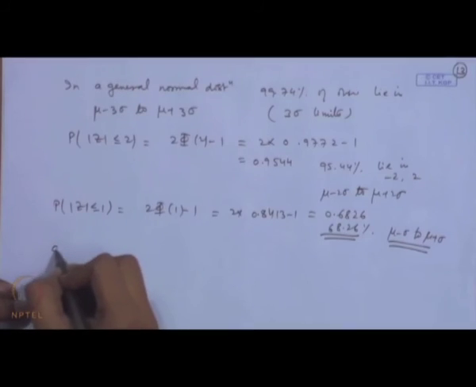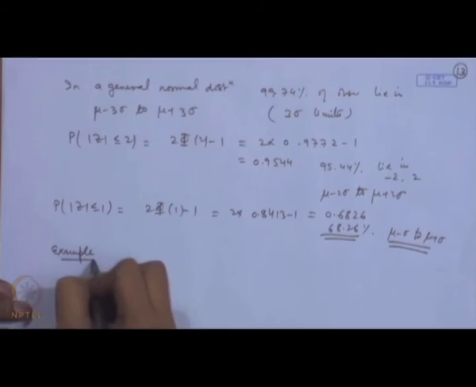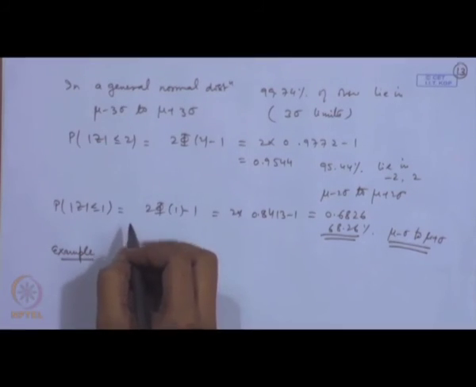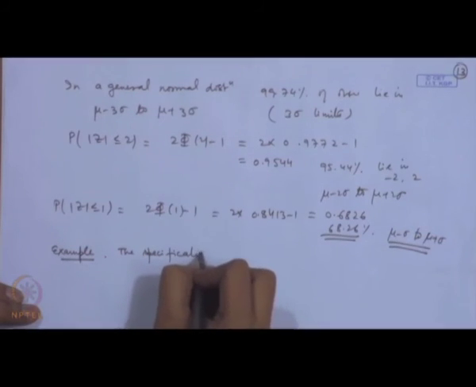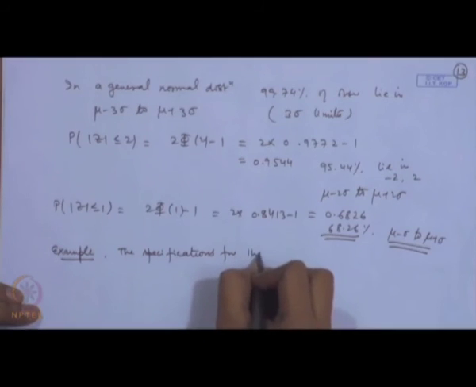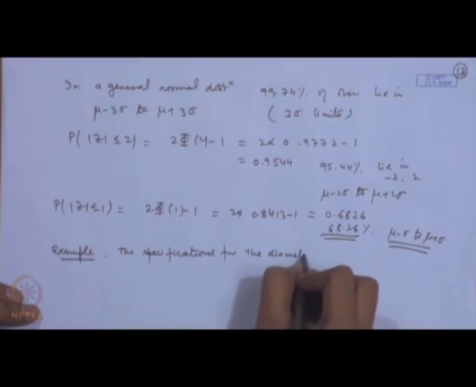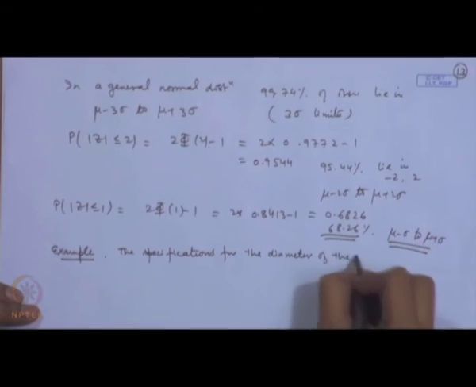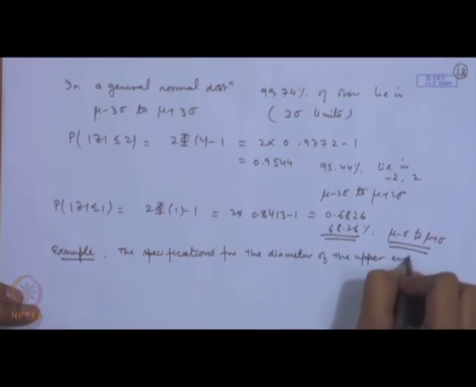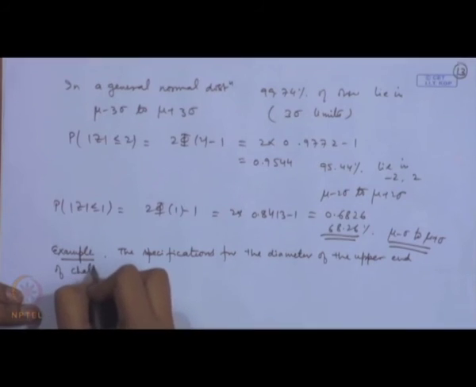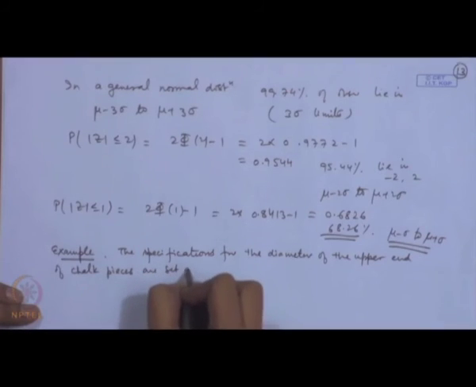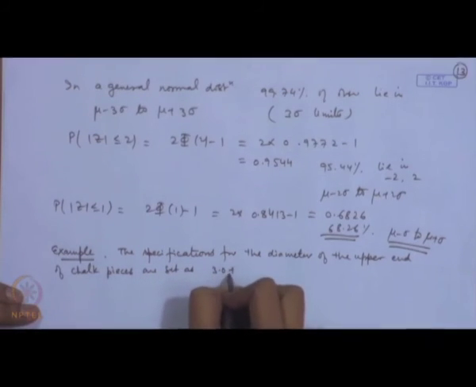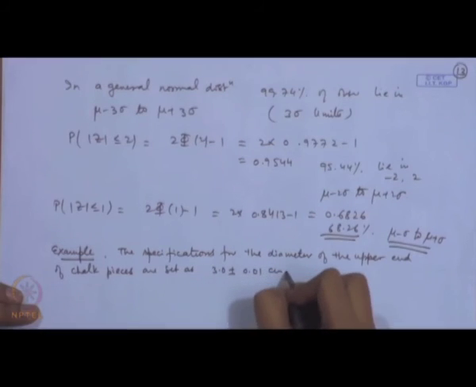Let me do one example here. The specifications for the diameter of the upper end of chalk pieces are set as 3.0 plus minus 0.01 centimeter.